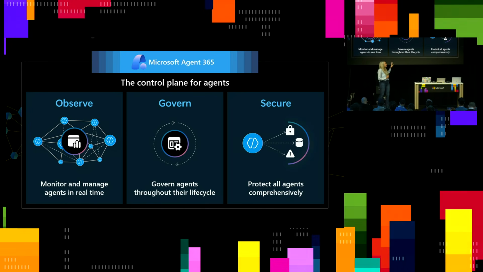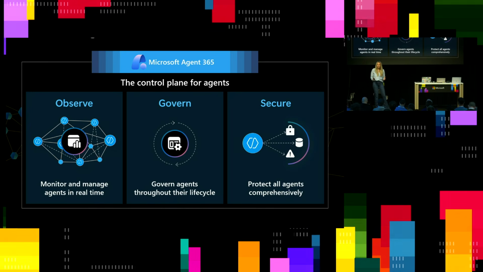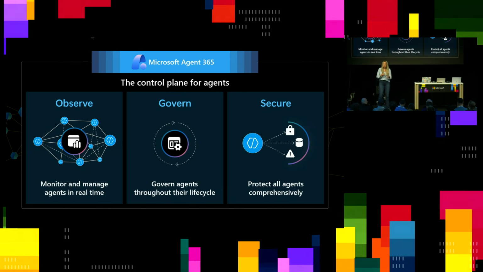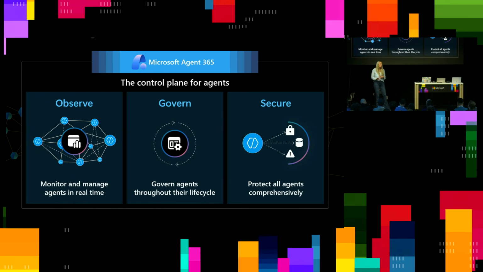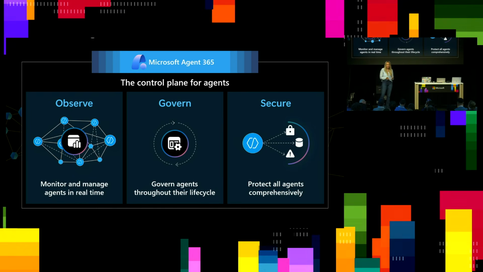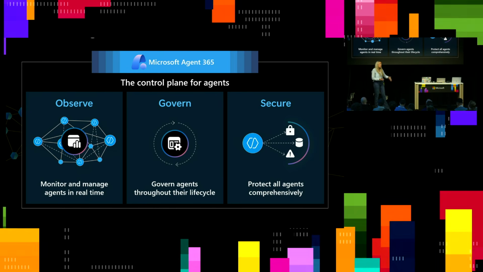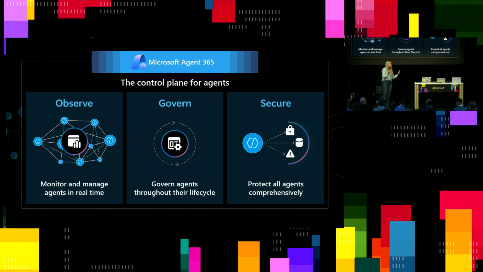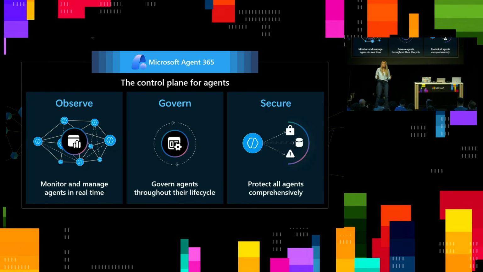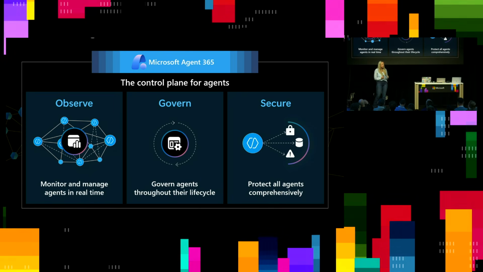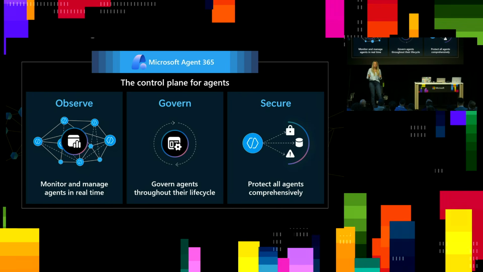And from this slide, you can see we've broken down the value of Agent 365 into these three key pillars that we think align to the core jobs to be done when it comes to managing and governing your agents at scale. The first is observe, because very simply, you cannot govern what you cannot see. You also cannot trust and feel confident that you're adequately protected if you don't know what agents are out there.